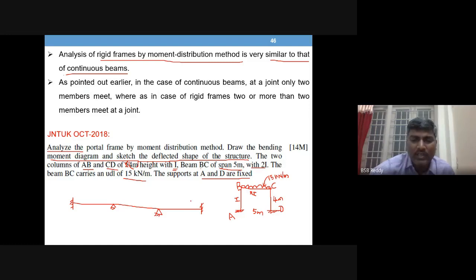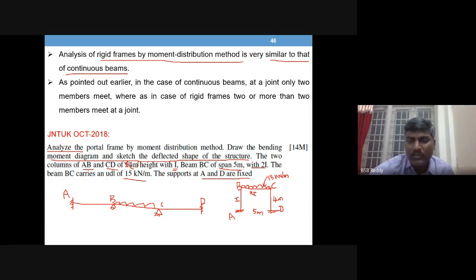AB has no load, CD also has no load, only BC has UDL. So it's like a continuous beam with fixed ends, having load on BC only. You have to treat this in the same way.